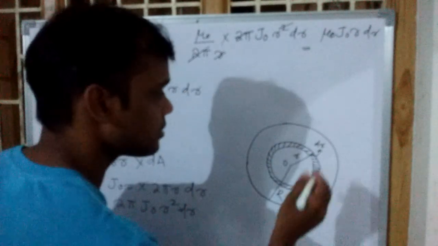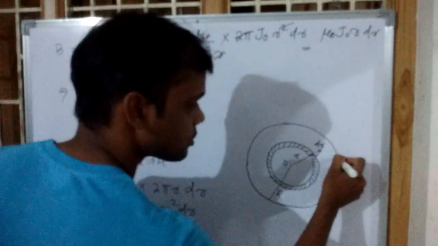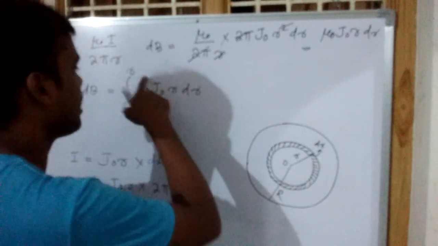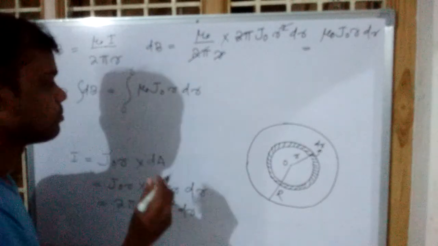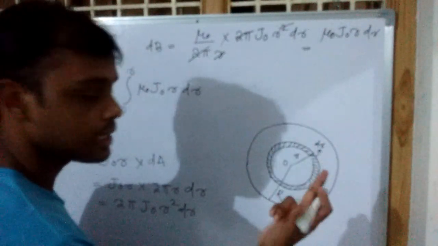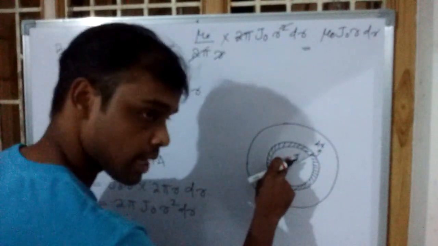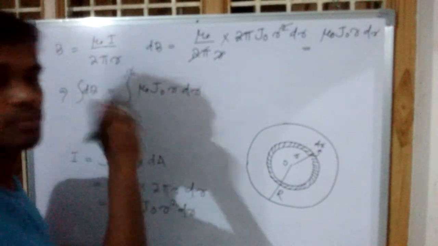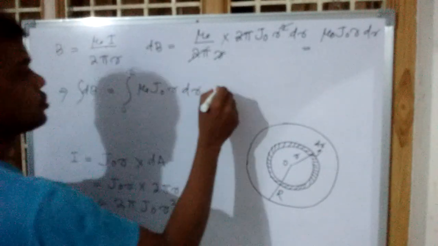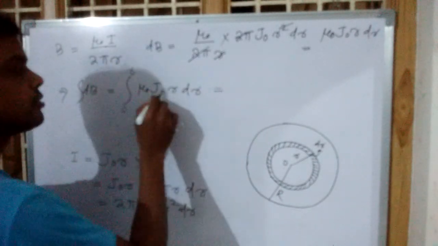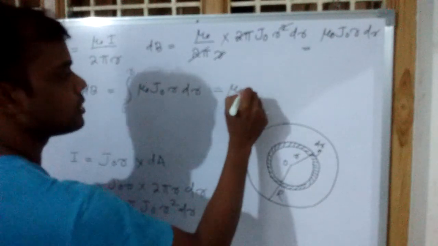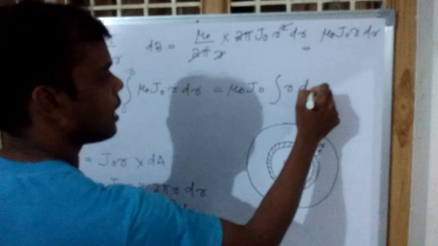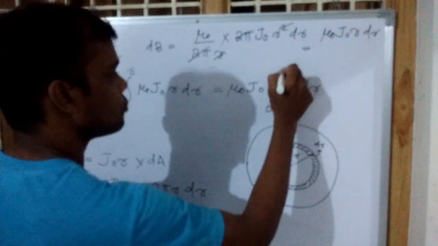If it was asking for the magnetic field on the circumference, then you would have gone for capital R here. But here it is asking for the magnetic field at a distance r, small r, from the center. That's why I am putting small r here. So this will be equal to mu naught J naught, which are constant, so put them outside: mu naught J naught, integral of R dr from 0 to r.